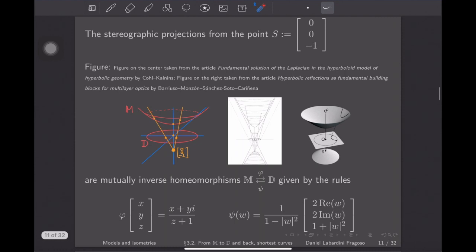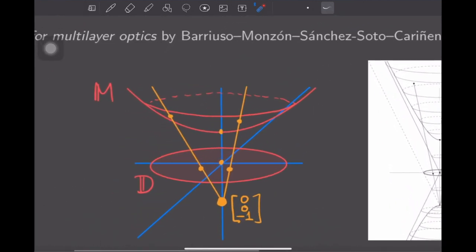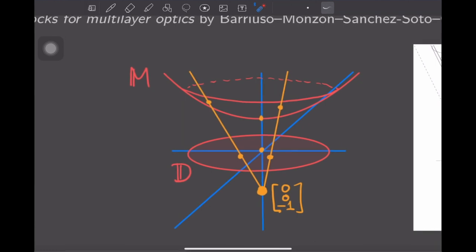So let's see how to go to the Poincaré disk and how one comes back. Consider the point 0, 0, minus 1. In the unit sphere, we have the north pole, which is 0, 0, 1, and the south pole, which is 0, 0, minus 1, and both points obviously lie on the sphere.